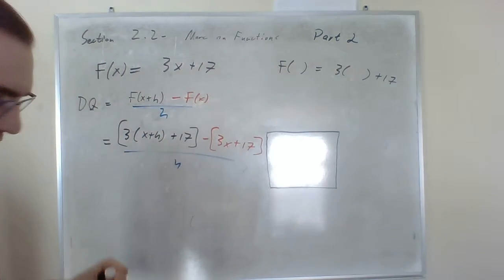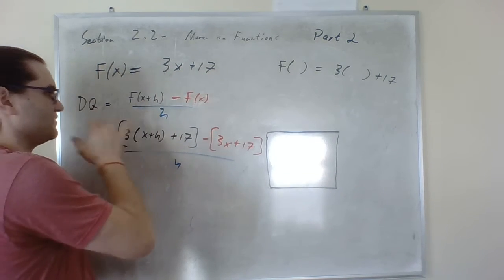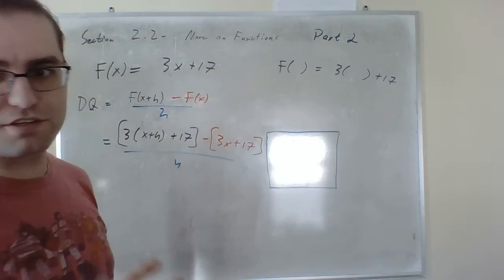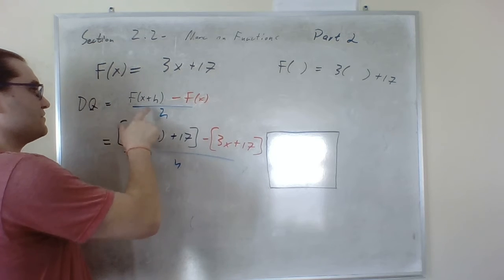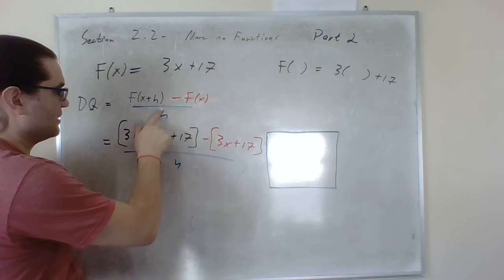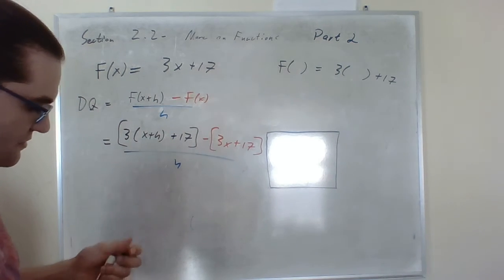Okay. So this is the step where you plug the function into the difference quotient. And usually we're plugging things into functions, so it's a little weird. We have a difference quotient which does things with f's and x plus h's, so we need to plug our function into that, and this is the result.